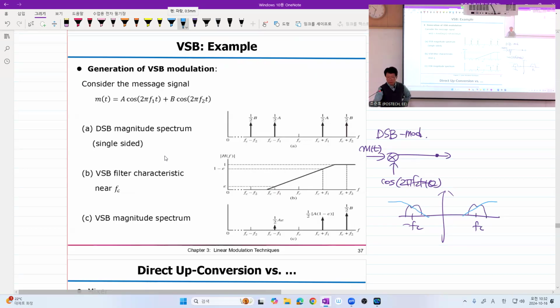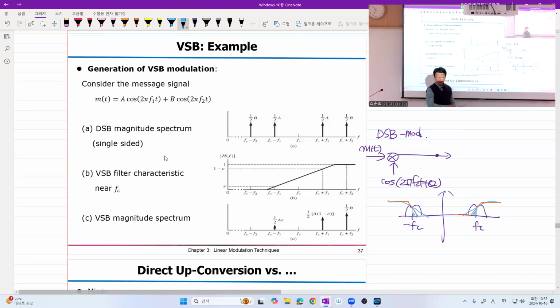And you may ask, is it okay then? Precisely speaking, in the ideal case it is probably something like this. See that? Some part of the lower sideband is still there. However, the upper sideband, with some amplitude distortion, is there.